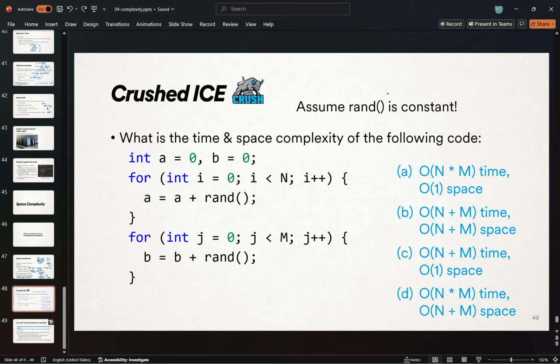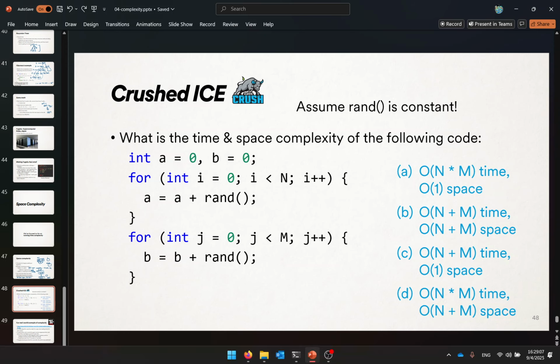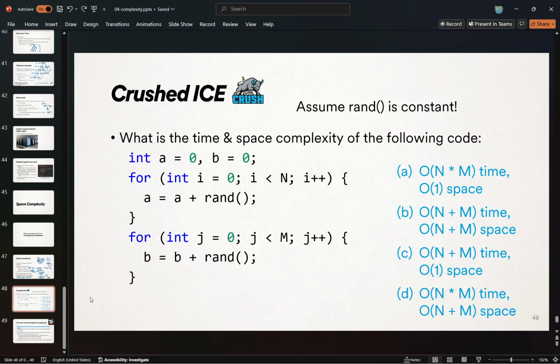Another minute or so to think about it. Is that enough time? Can't tell.